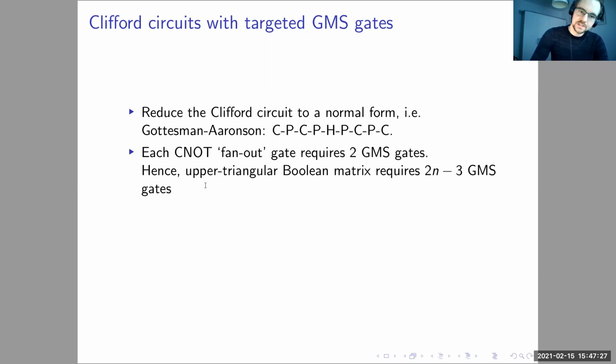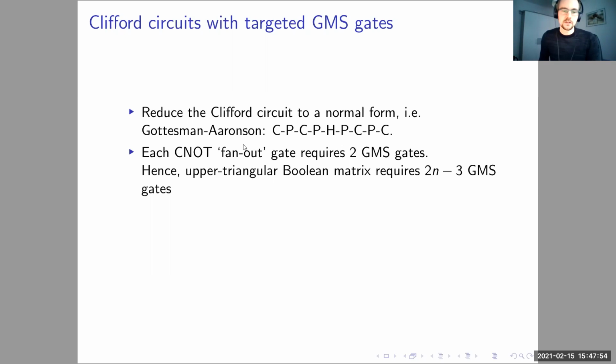Now the observation is that every CNOT fan-out gate, so a fan-out gate is one that has a single control qubit and then targets multiple ones, like applying a CNOT on multiple qubits at the same time, requires two GMS gates.